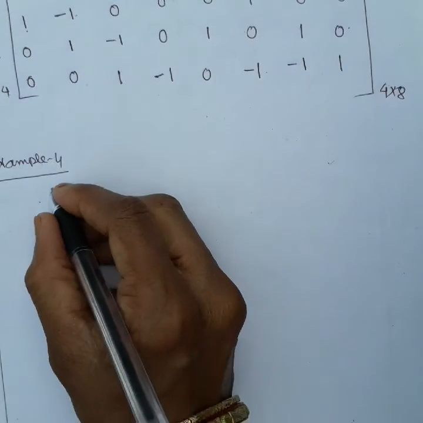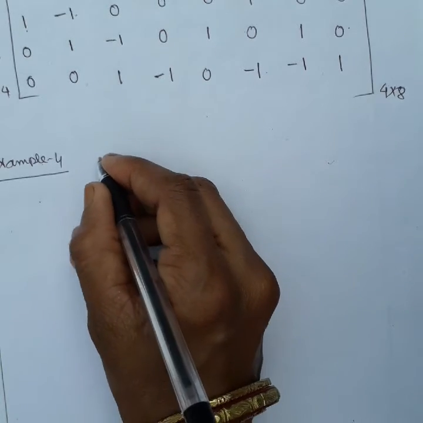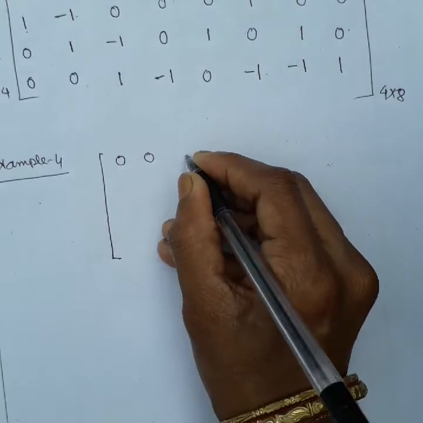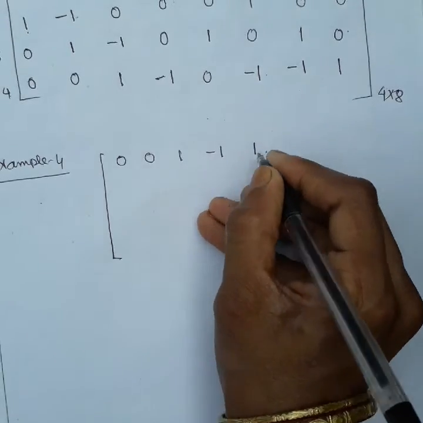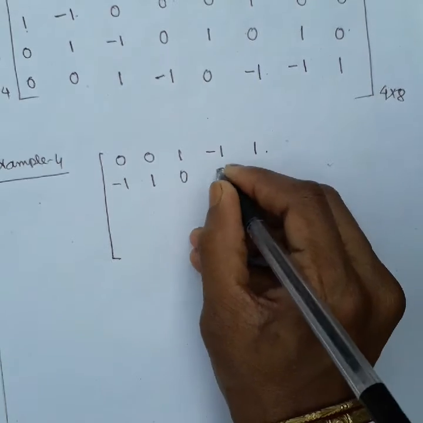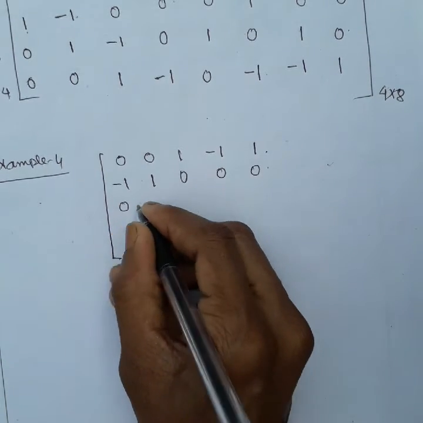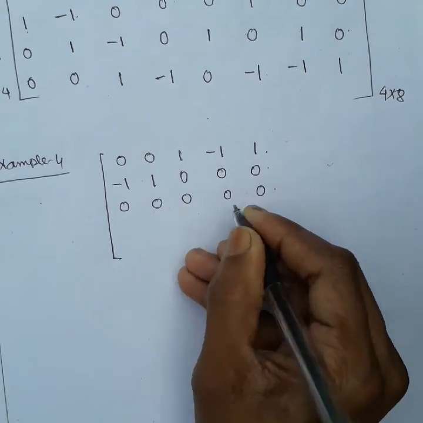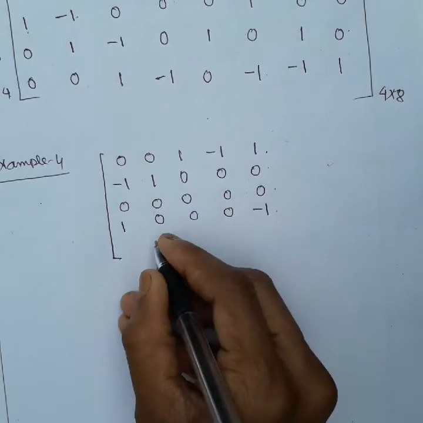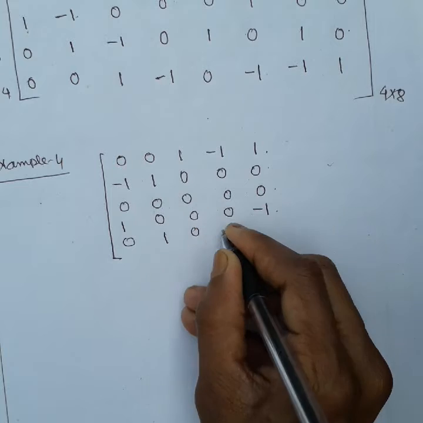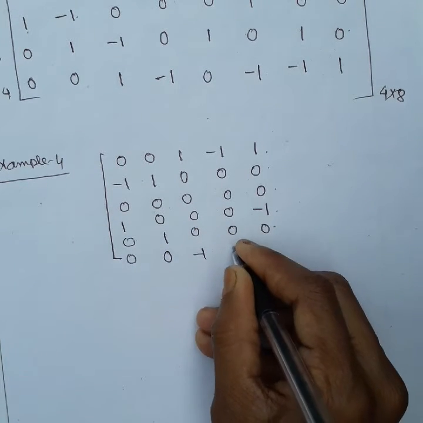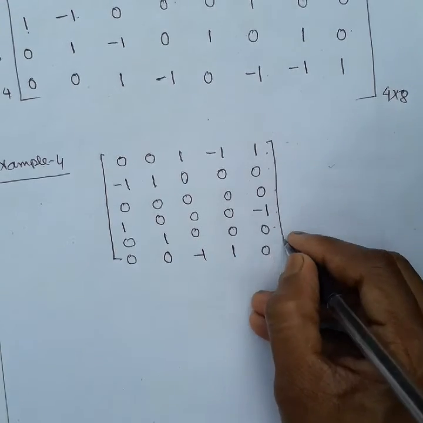Okay, we can write here the matrix 0 0 1 -1 1 -1 1 0 0 0 0 0 0 0 0 1 0 0 0 -1 0 1 0 0 0 0 0 -1 1 0.